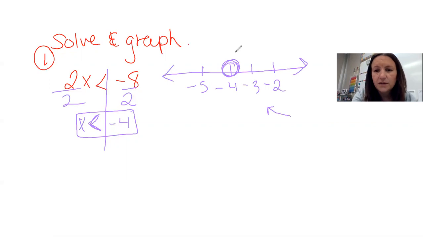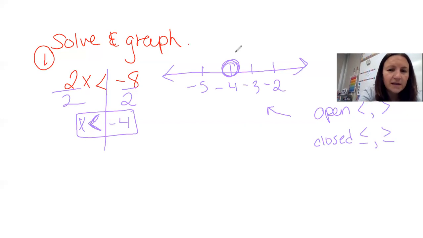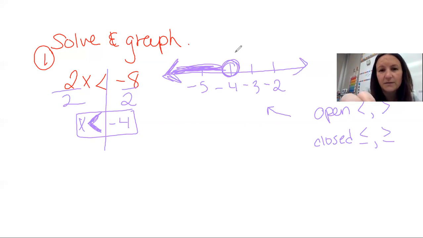It's open if it's less than or greater than, and then you're going to shade it in if it's less than or equal to or greater than or equal to. So anything less than -4 is all going to be shaded to the left. And if you look at this little inequality symbol, notice how it's pointing to the left. So that could be helpful.